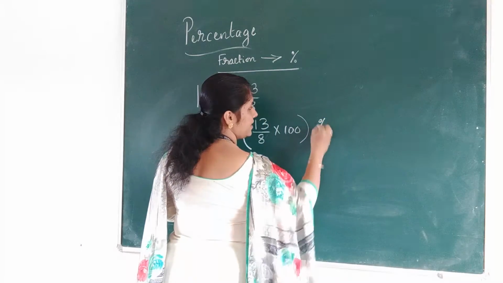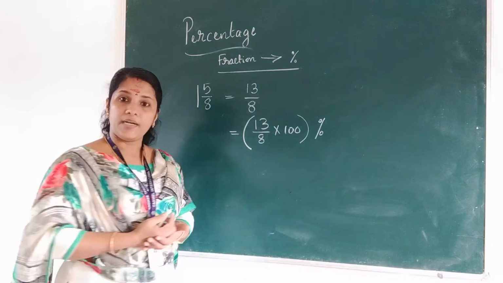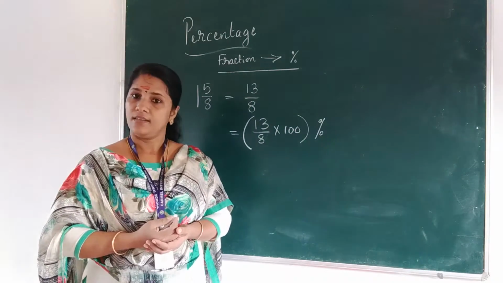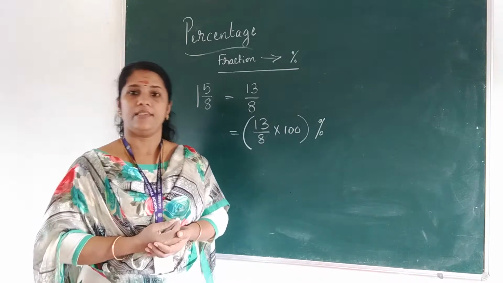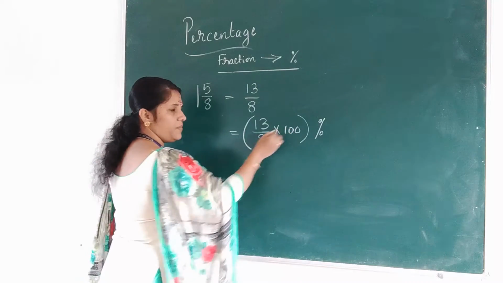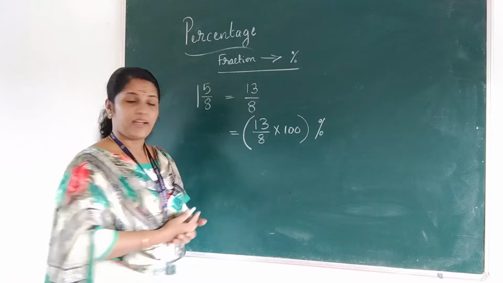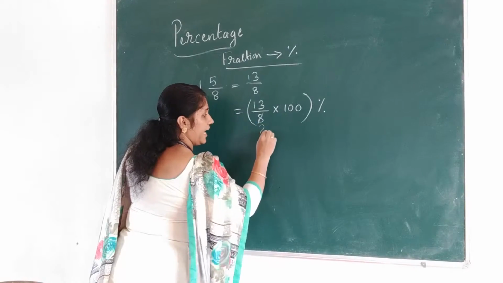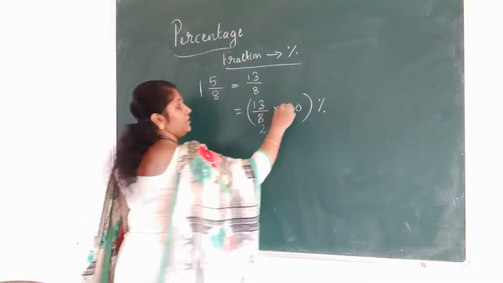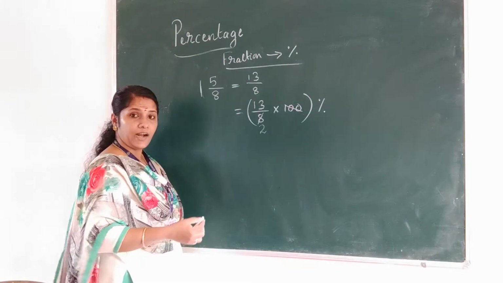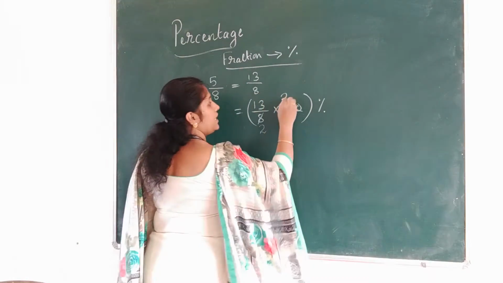Outside the bracket there will be one percentage sign. Clear? Then we can cancel between 8 and 100. 4 is the common factor. 8 divided by 4 is 2, and when you divide 100 by 4, it is 25.